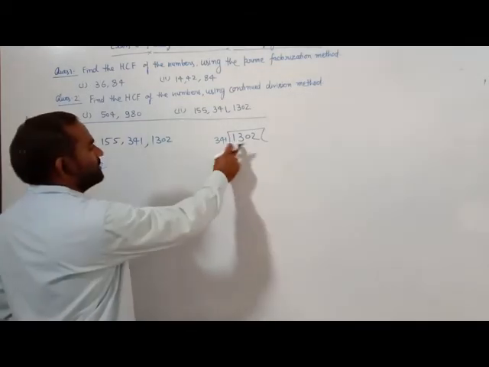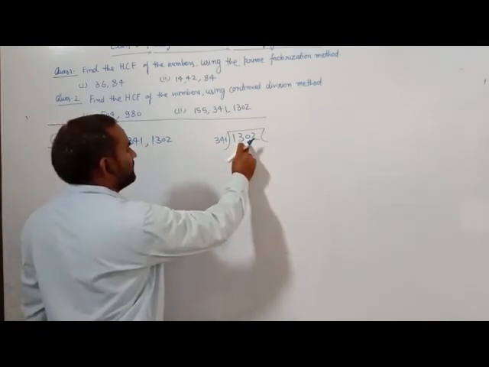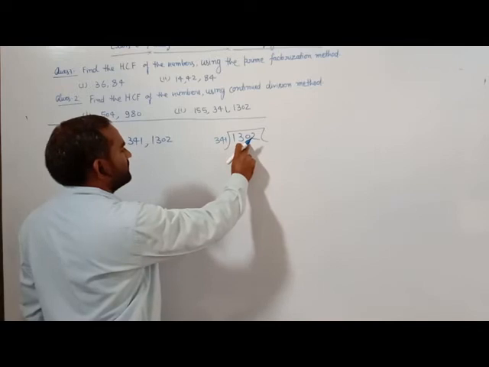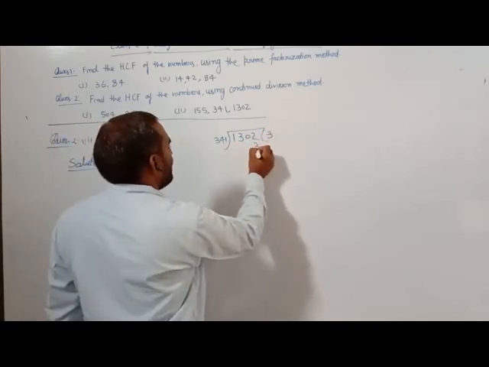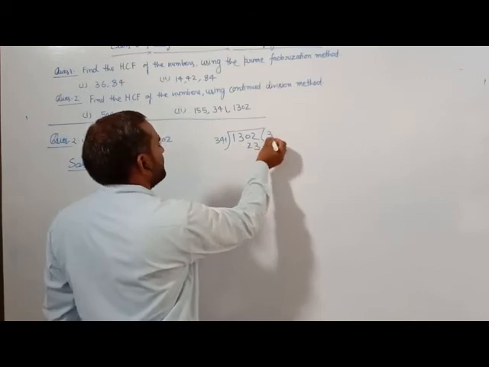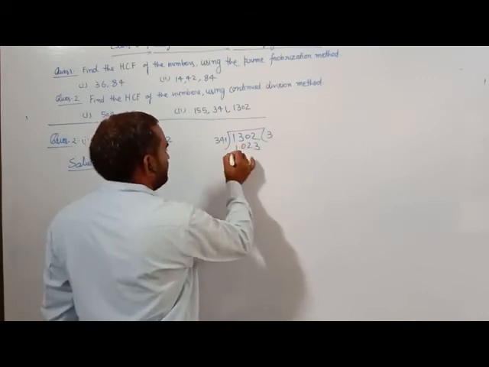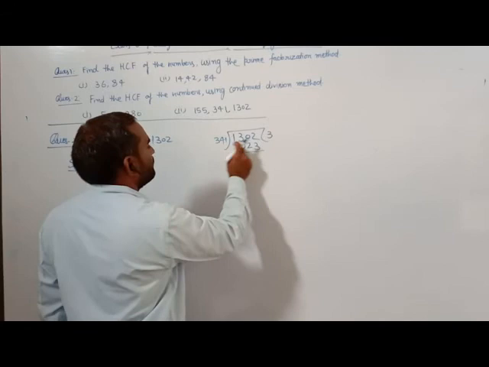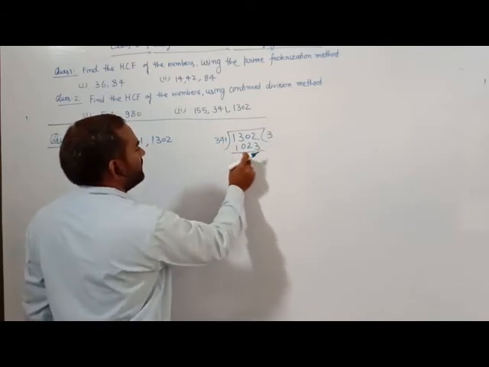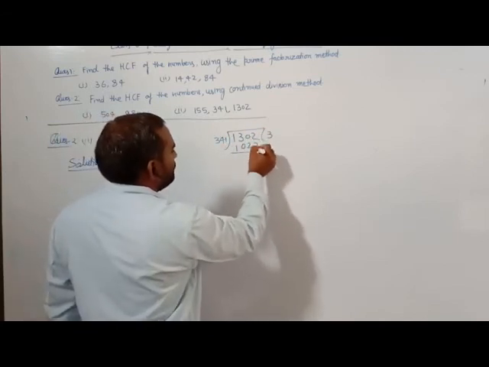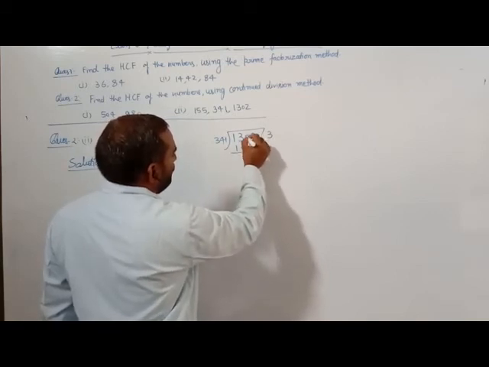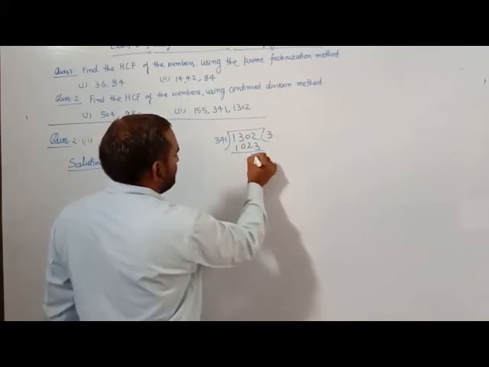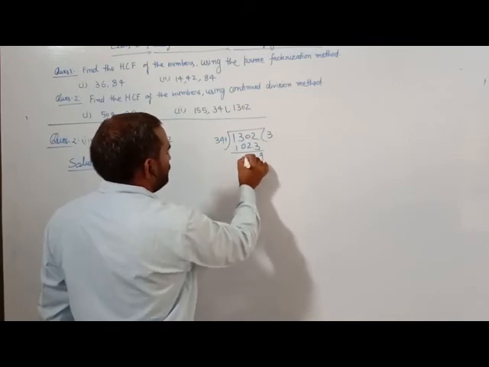1302 divided by 341. So 3 times. 3 1s are 3, 3 4s are 12, 3 3s are 9 plus 1 is 10. Subtract: 2 from 12, 9, 7, 2.